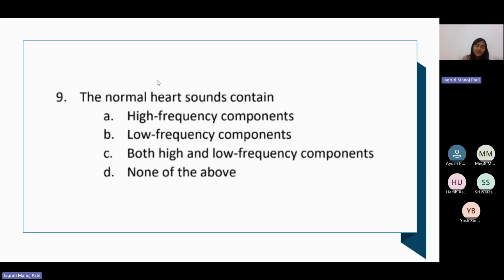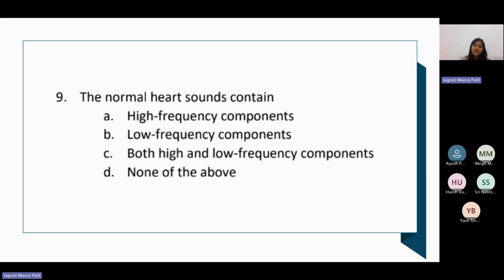Normal heart sounds contain high frequency components, low frequency components, or both? It's low frequency components, because respiration is where we have high frequency components.